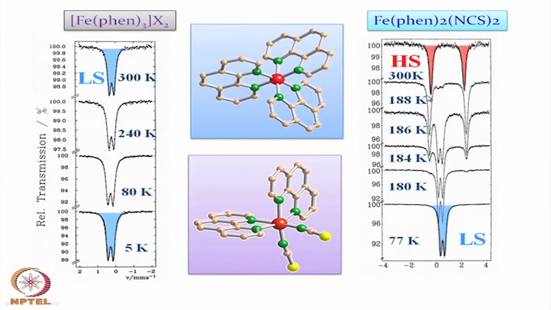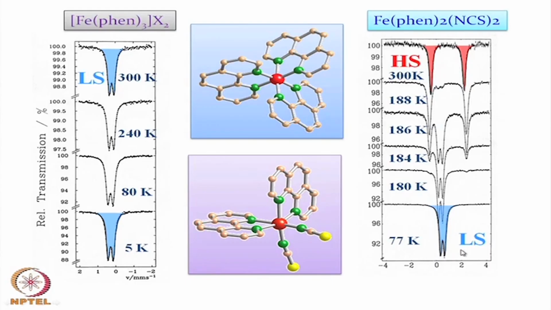And as we move upward and reach around 300 K, that means room temperature, the spectrum is for the ferrous iron in high spin state. So we have a different splitting and a different separation for these 2 lines, which can be characterized for the high spin state of the molecule, which has been achieved at 300 K.